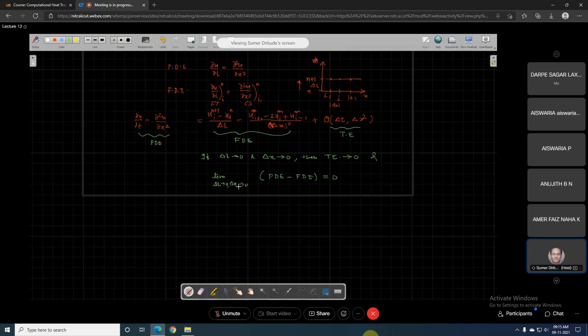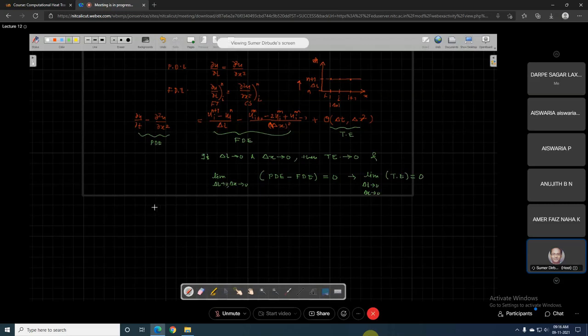Delta t cannot be 0, delta x cannot be 0, but they can be made very, very small, close to 0, in such a way that the PDE and FDE difference is 0. This means the FDE should represent the PDE exactly. It also means that in the limit delta t tends to 0 and delta x tends to 0, the truncation error also goes to 0. Then this scheme is consistent.